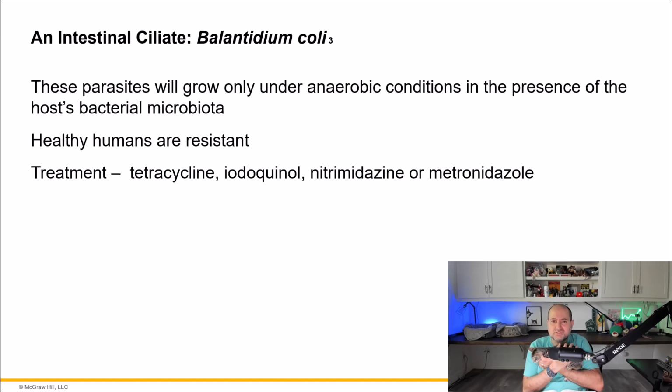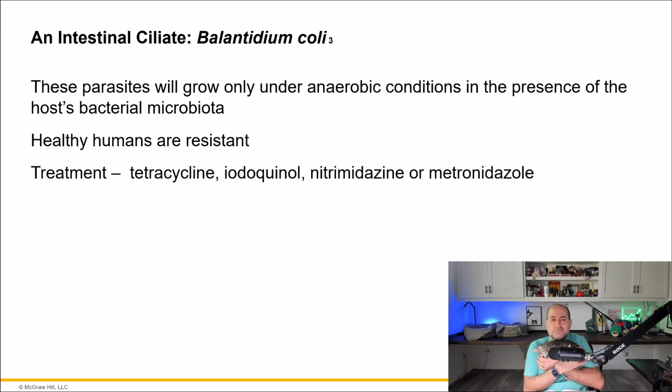And these parasites, they make their way to the intestines. And did you know your intestines are anaerobic, which means that they are devoid of oxygen? And they live in your intestines among your own bacterial microbiota.